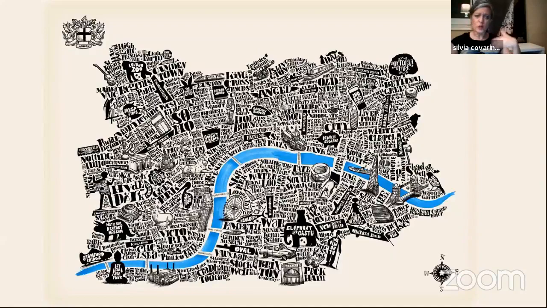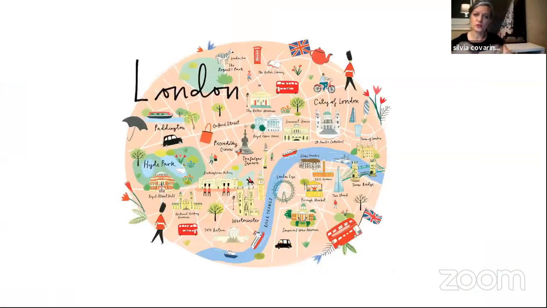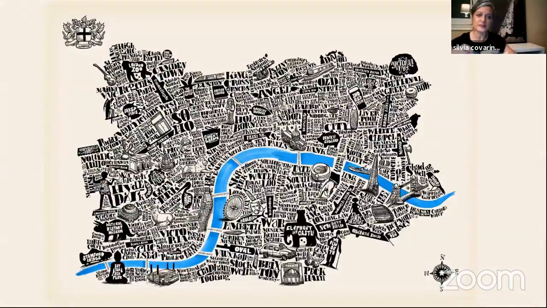Another way to represent is not only a sketch as the previous one, but we can also use the names of the districts and put some symbols, some icons, and some keywords, and they give different space in the map to some landmarks and the name of the zone and the neighborhood.